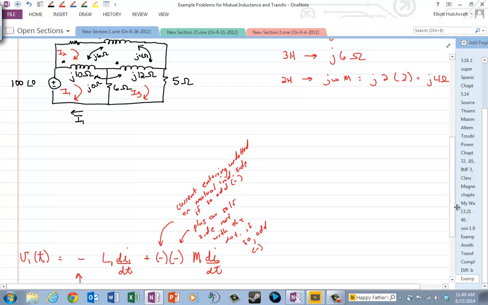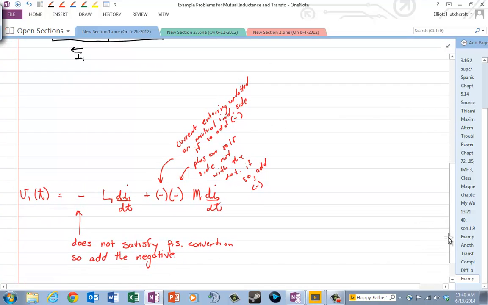So how do we figure out whether or not we have plus or minus signs is to look at these particular things. Does it satisfy the passive sign convention? What I mean by that is, is the voltage defined with the current going into it and so forth?